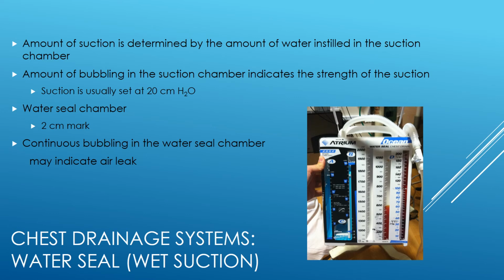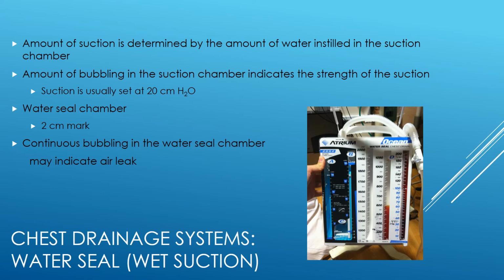What you do not want to bubble is your water seal chamber. That's this one down here. So don't get those two confused. So this is A, your suction chamber, and C and B are your water seal chambers. Water seal chamber, you do not want bubbling. Okay?